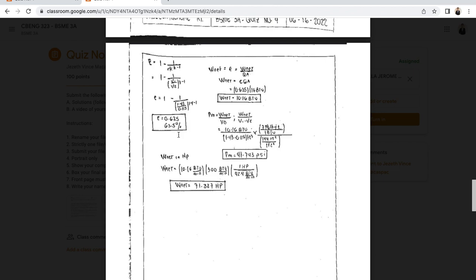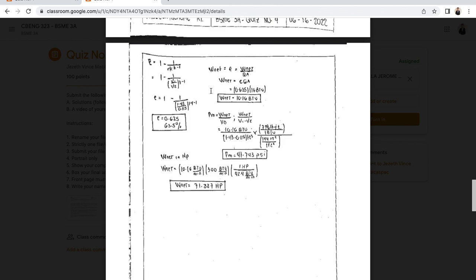So yung nakuha natin value is 0.635 or 63.5%. For the work net, the formula is E times QA, or 0.635 multiplied by 16 BTU. Yung value ng work net na nakuha natin is 10.16 BTU.